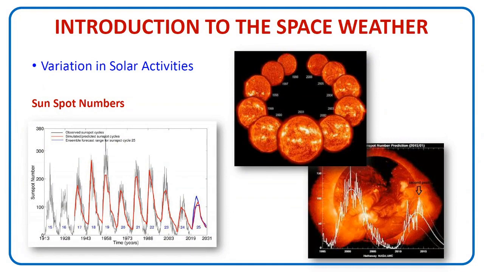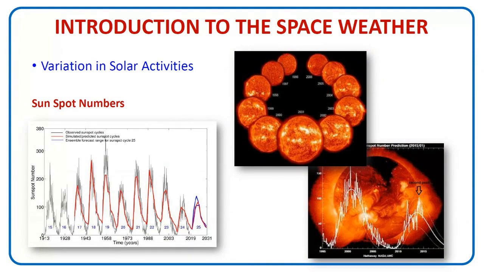So for example, if today I have a north pole at the top of the sun and a south pole at the bottom, then slowly these poles will rotate, and gradually after 22 years it will again come back to the same condition, the north pole at the top and the south pole at the bottom.